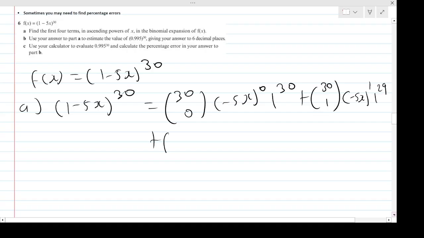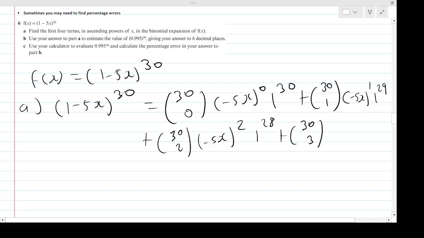Then we're going to get 30 choose 2 of minus 5x squared, and then 1 to the power of 28. Then we're going to get 30 choose 3 of minus 5x cubed, and then 1 to the 27. Now those are 4 terms, so we can leave it there. The remaining terms we don't care about.